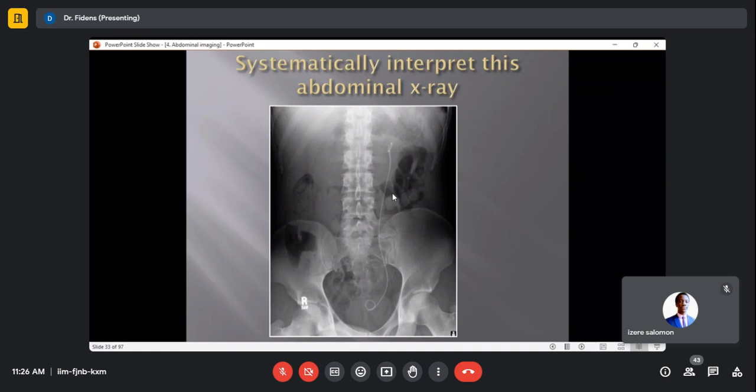Adequacy of this ray, I see that it's good because I can see the spinous process. And adequacy, you start by A. Yes, adequacy.